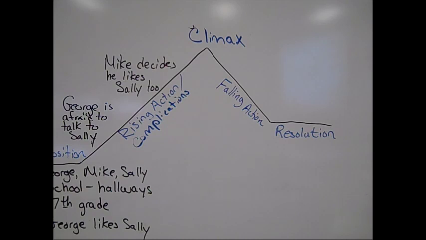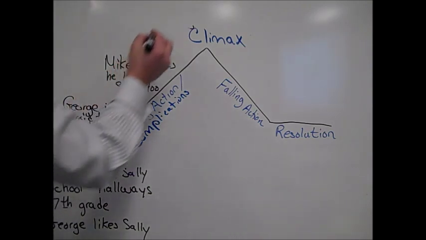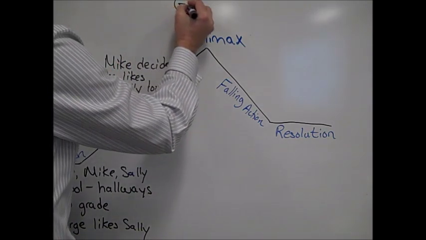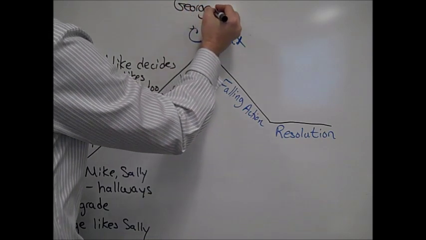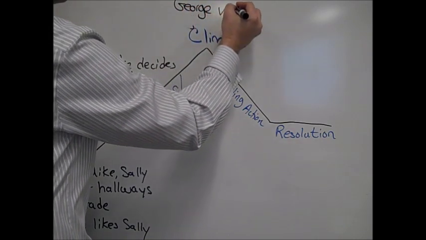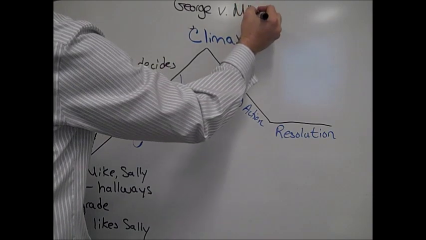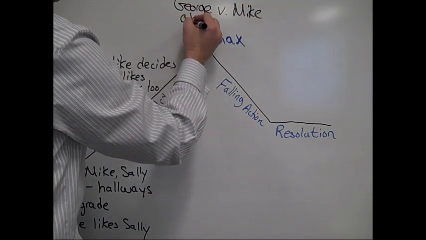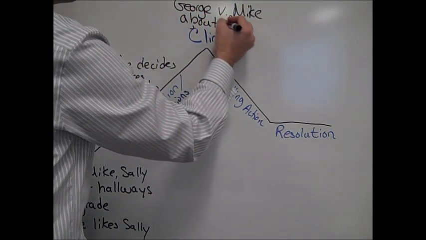This leads to a climactic moment in our story, where George and Mike get into an argument. They're arguing about their friendship.